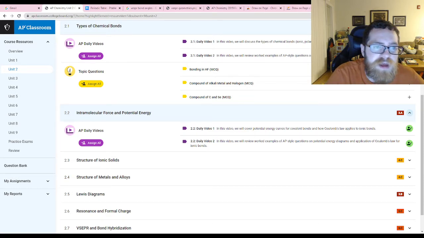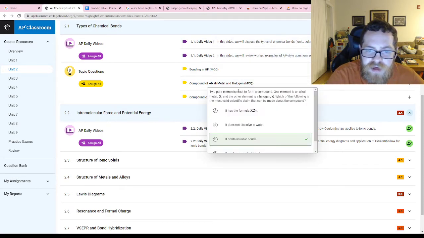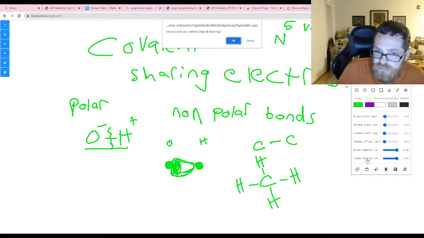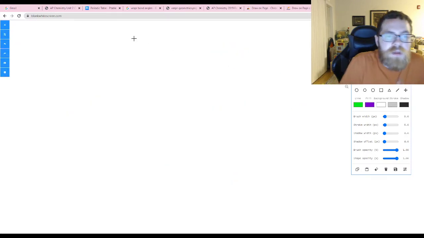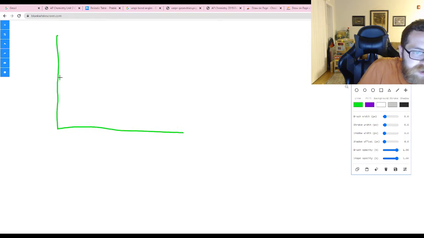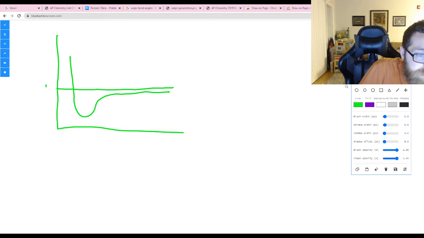Now, potential energy curves are going to be something that you see quite a bit in this class. Right, a potential energy curve looks something like this. So some of you might have seen these and said, I don't really know what it's talking about.